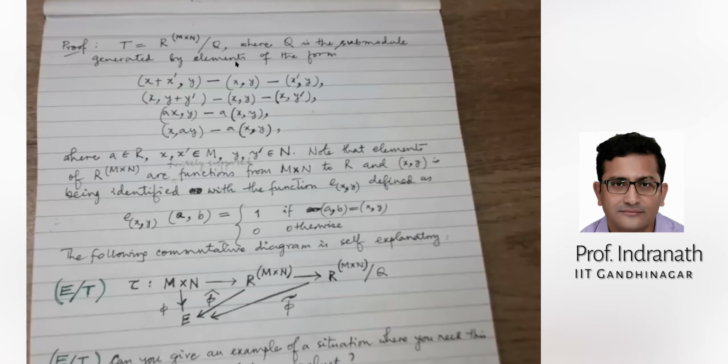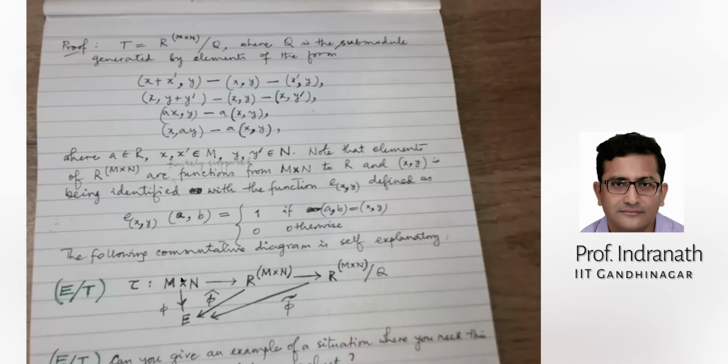So what you are trying to do is kill the bilinearities. You take the submodule Q generated by all these kinds of elements and take the quotient. Now you claim that this R module T is actually your tensor product, in the sense that it satisfies the universal property which we have stated. What is that?